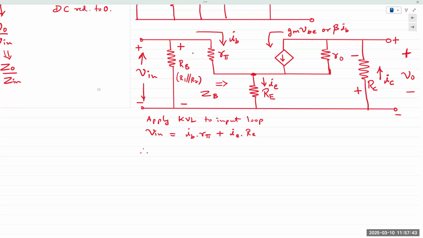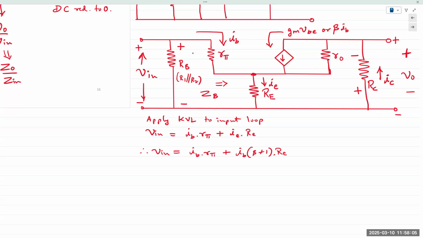So here, we can write Vin is equal to IB r pi and replace IE with IB times beta plus 1, so it would be IB (beta plus 1) times RE. IB is the input current.